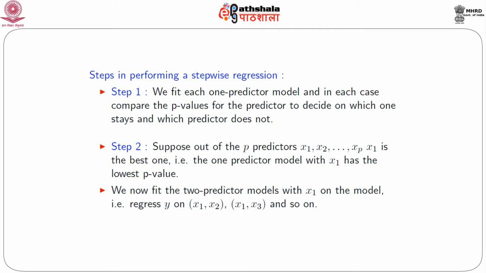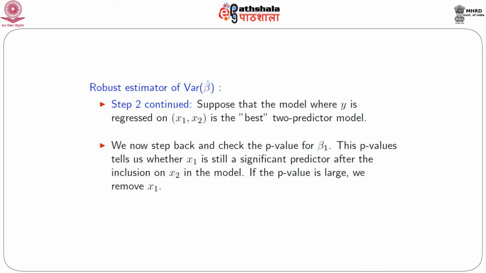We now fit the two-predictor models with x1 included in the model and regress y on x1, x2, then x1, x3 and so on. Now suppose that the model where y is regressed on x1, x2 is the best two-predictor model. We now step back and check the p-value for beta 1.